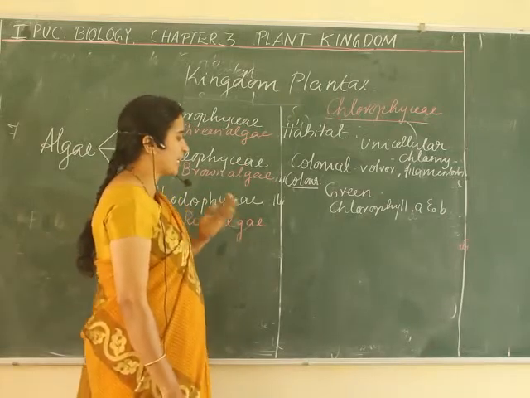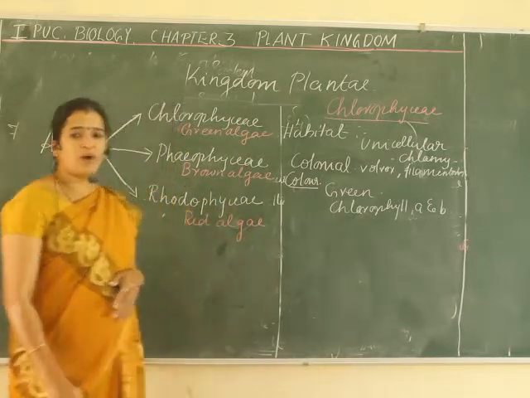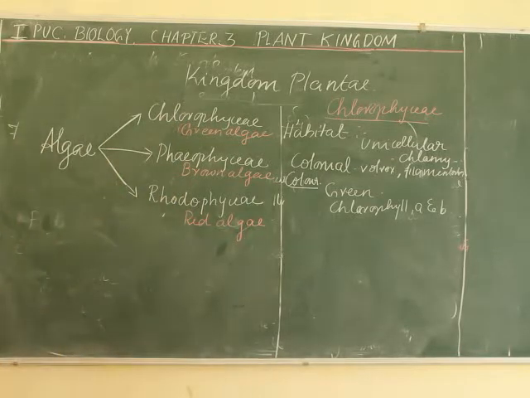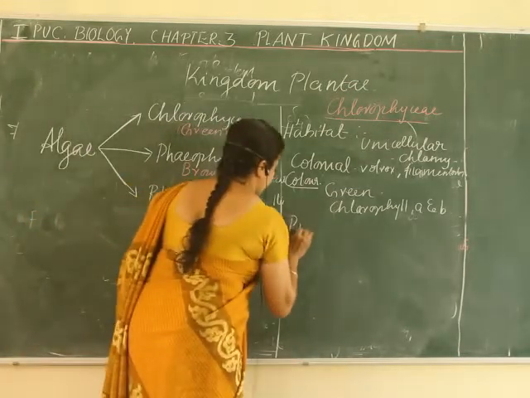So it is usually green because of the predominant presence of the pigments chlorophyll A and chlorophyll B.